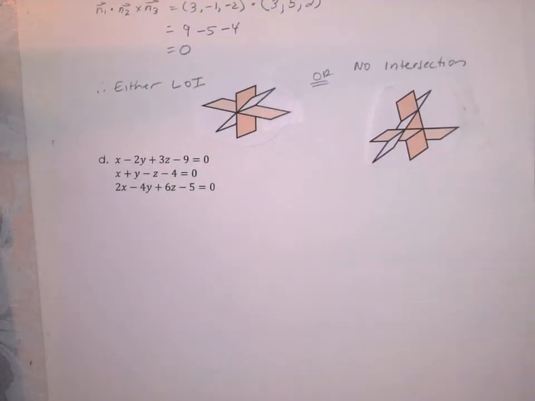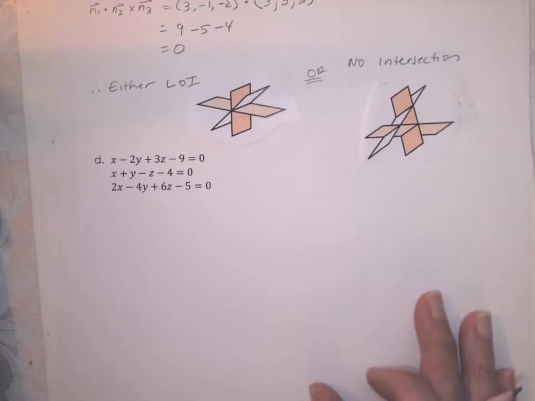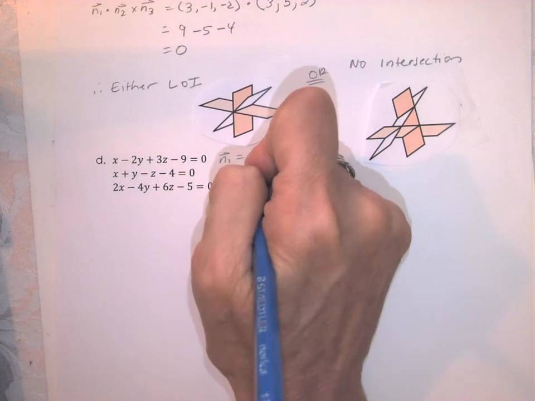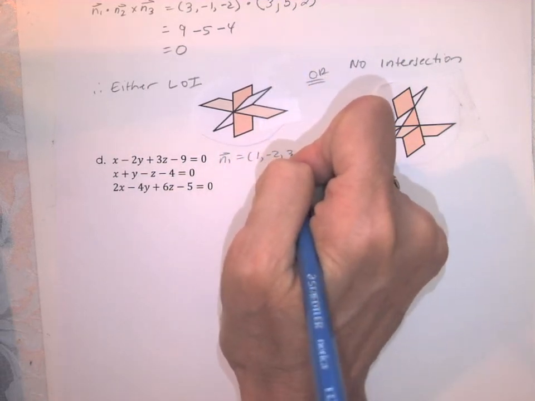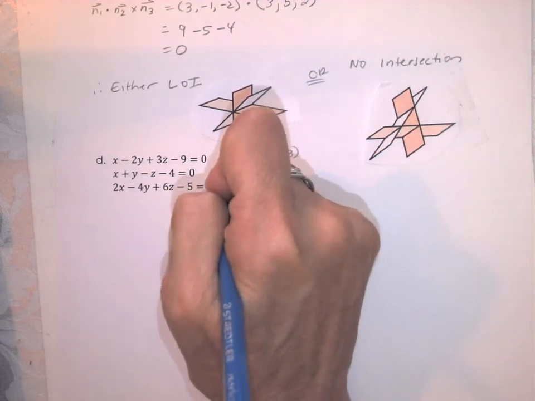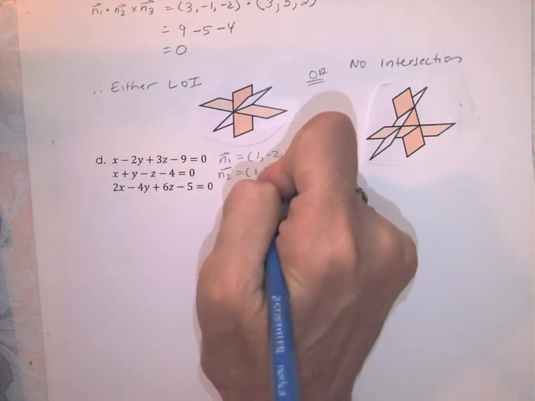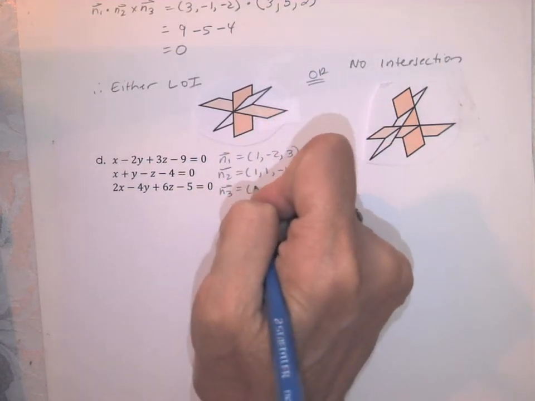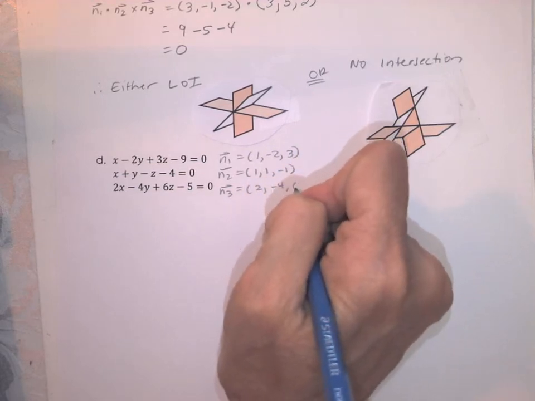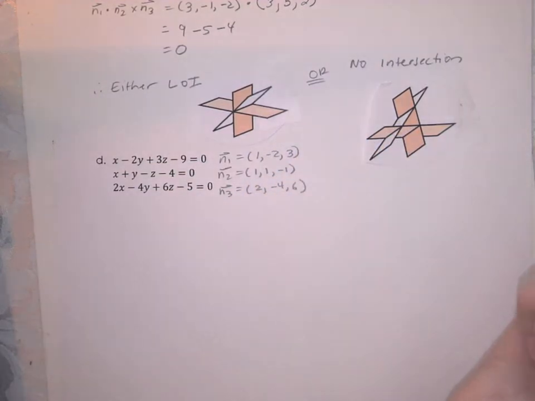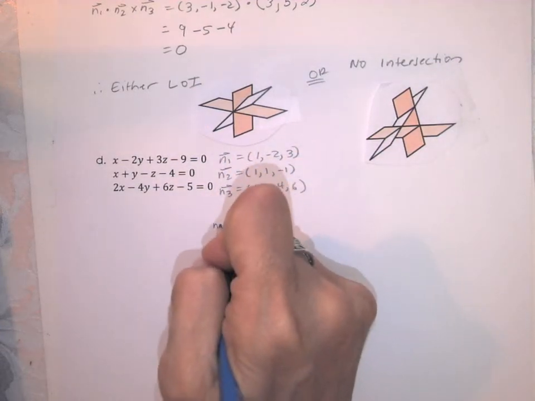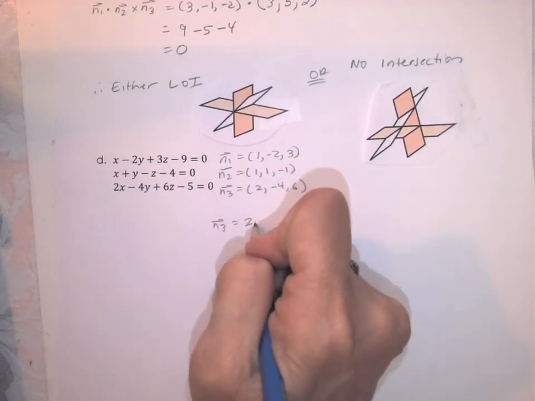Okay, and the last one that we're going to look at to analyze the normals. N1 is 1, negative 2, 3. N2 is 1, 1, negative 1. And N3 is 2, negative 4, 6. So I'm looking at these and I can see that N3 is equal to 2N1.